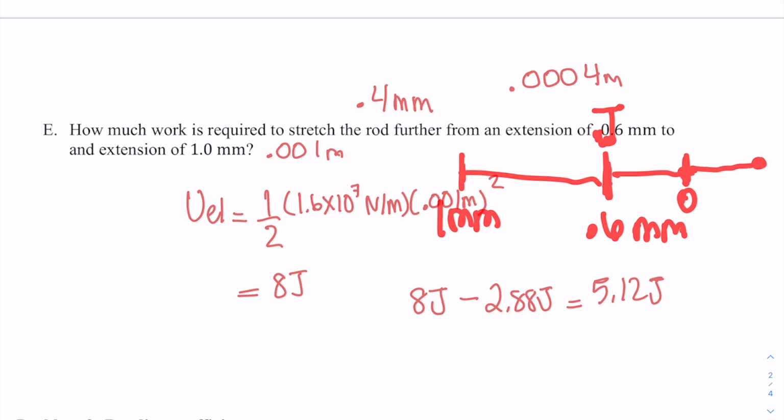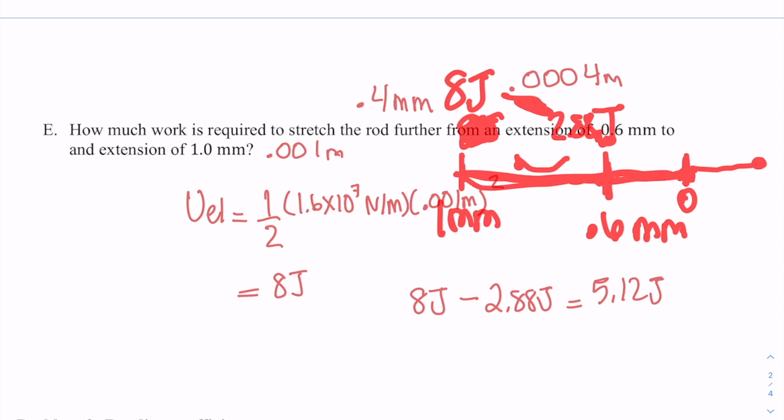So to go from 0 to 0.6, that took us, what was that? 2.88 joules to get us from 0 to 0.6. From 0 to 1, it took 8 joules. In order to go from 0.6 millimeters to 1 millimeter, it's the difference between these two.